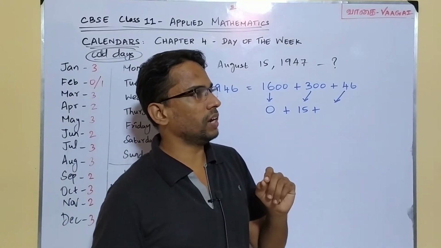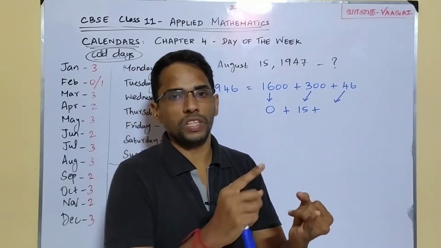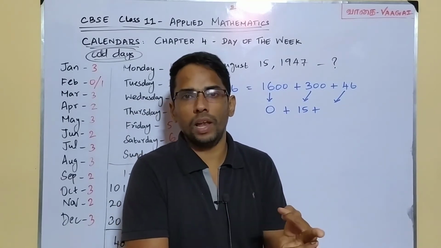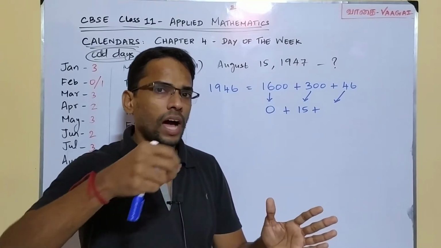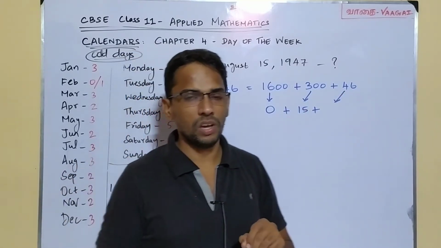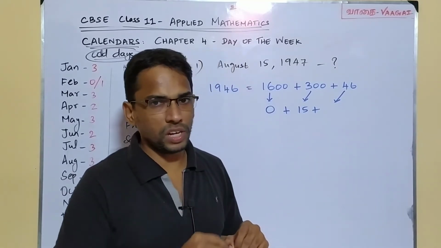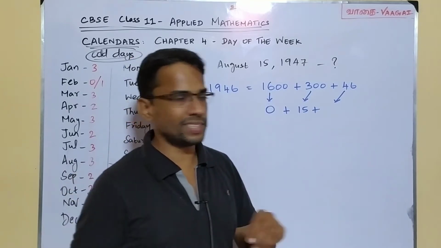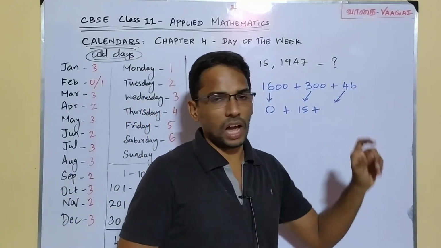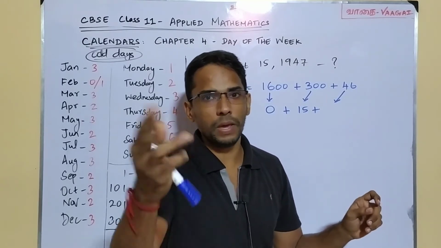So 46 you can divide by 4 and you get up to 11, right? That means 4, 8, 12, 16, 20 and so on, up to the last multiple of 4 within 46, which is 44, that's 4 11s are 44. So in this 46 years, I will get a maximum of 11 leap years.